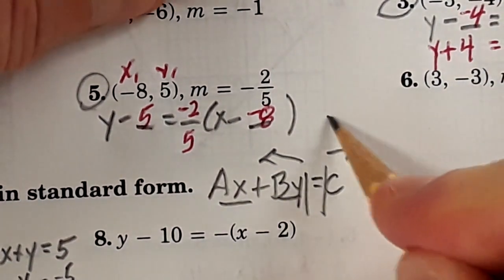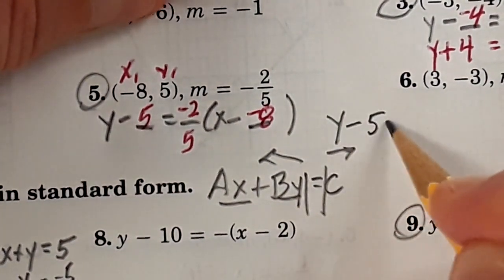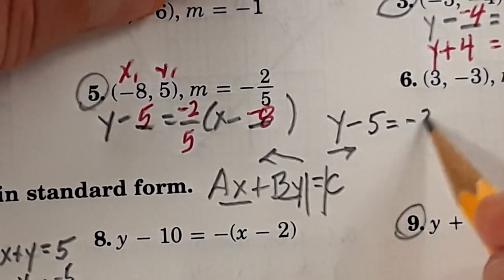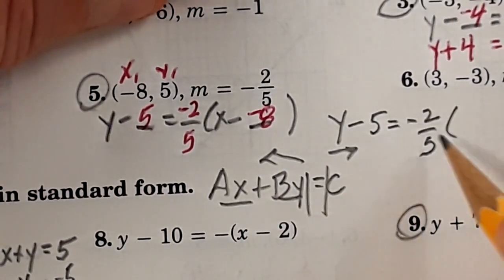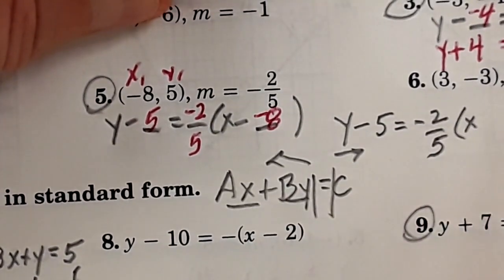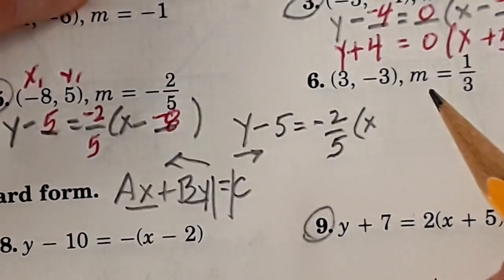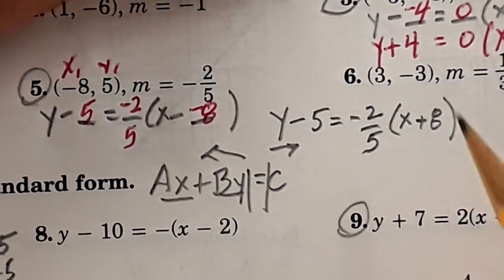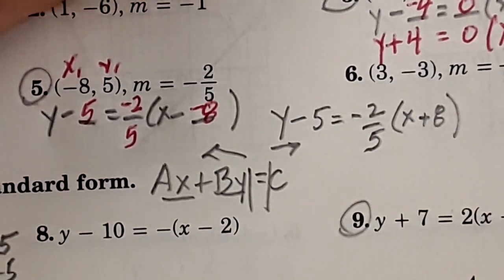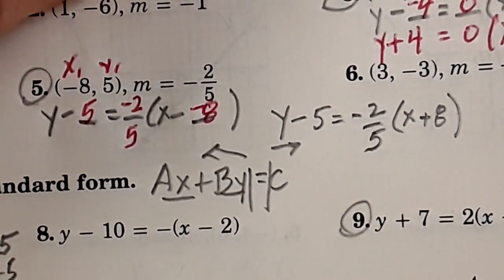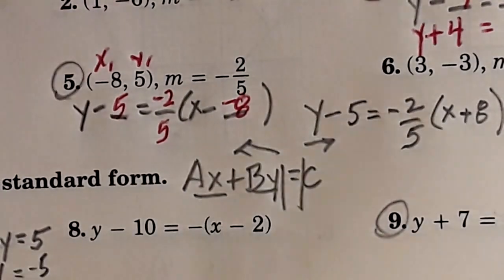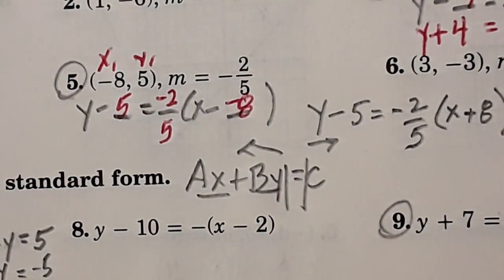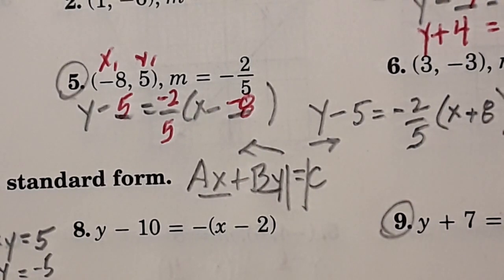So the point slope form is y minus 5 equals -2/5 times x what? Plus 8. That's it. And there you're done. That's point slope form right there. Okay? You're not putting it in standard form. You're just putting it in point slope form. So that's it. That's your answer.